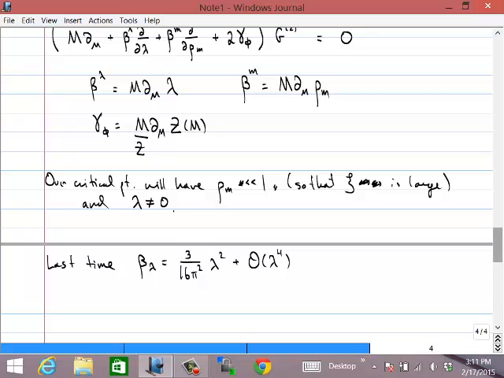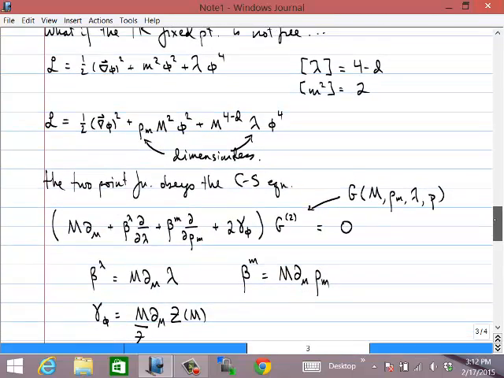And last time we did our computation for theories in 4 dimensions, where lambda was dimensionless. Here we're looking at theories in less than 4 dimensions, where lambda is dimensionful. And it turns out that the calculation of the beta function is identical in lower dimensions. So all of the computations that I did last class go through.